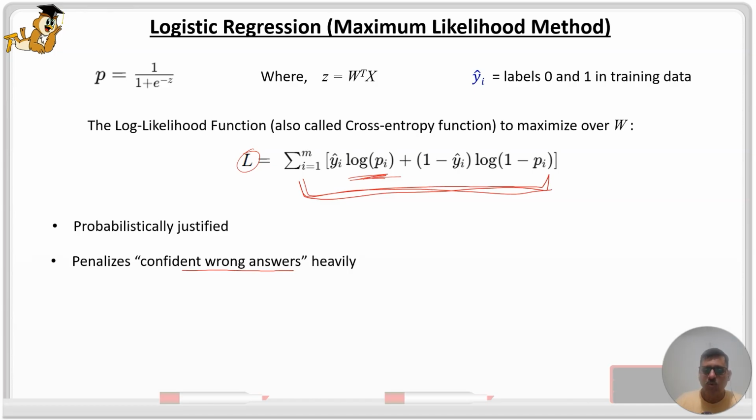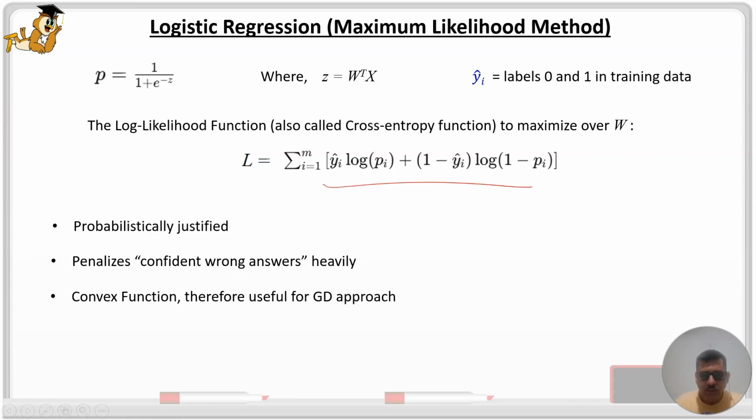So if your y hat and pi are conflicting with each other, that would indicate a confident wrong answer. In those situations, those particular points are going to contribute negatively to the L, dragging it down. So this is a good thing because it addresses your worst case scenarios very well. You can stare at this for a moment and verify that what I said is indeed true.